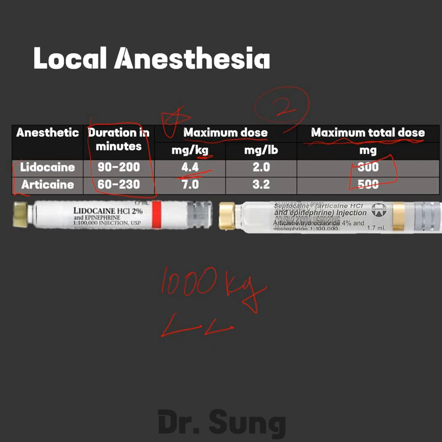Since the person is 1000 kilogram, the milligram of lidocaine will be 4400. But since the maximum is only 300 milligram, we can only give 300 milligram. It is not because I'm stupid, but I just gave you an extreme example.